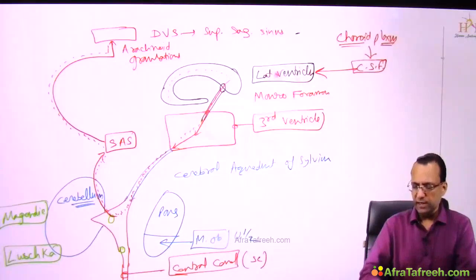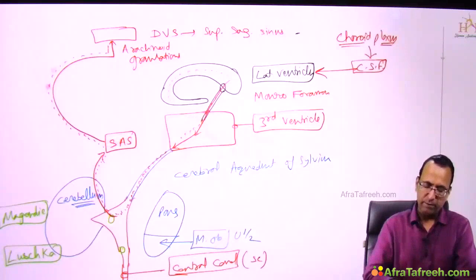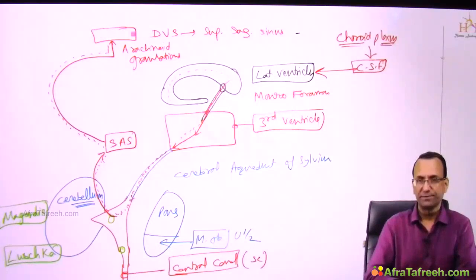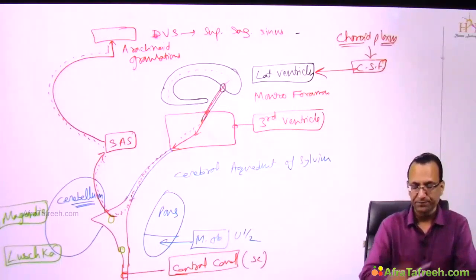So the circulation is over. The CSF circulates inside the ventricles, but it also has to be absorbed back into the blood. And which blood? That is the venous blood, the dural venous sinus, which will then drain towards the heart.